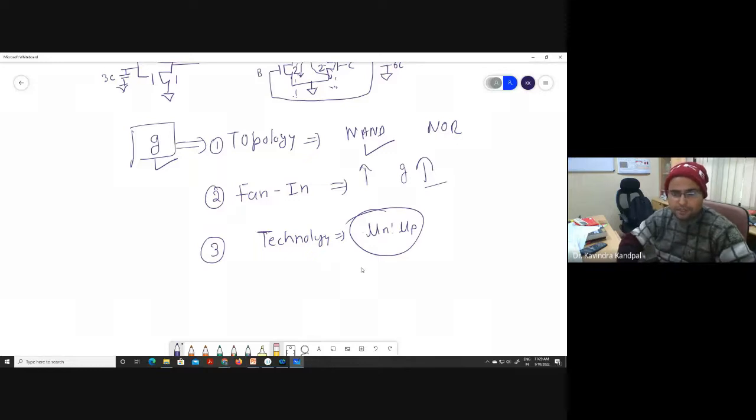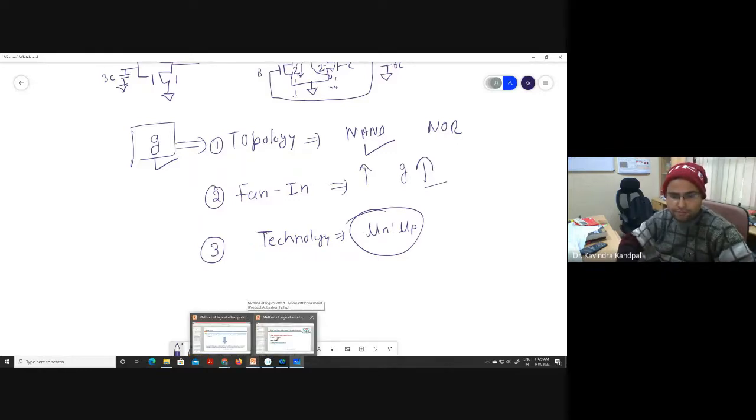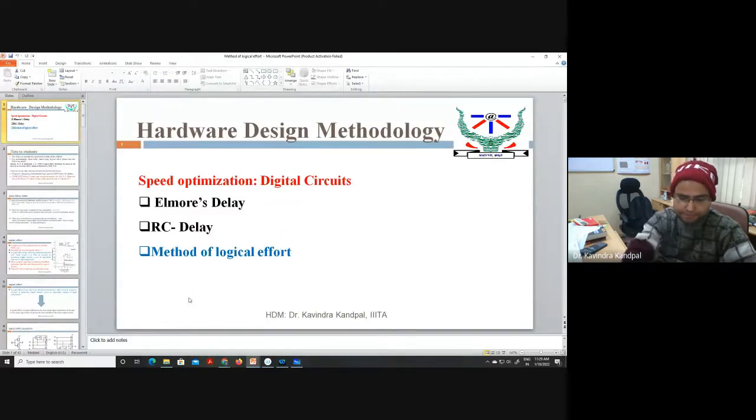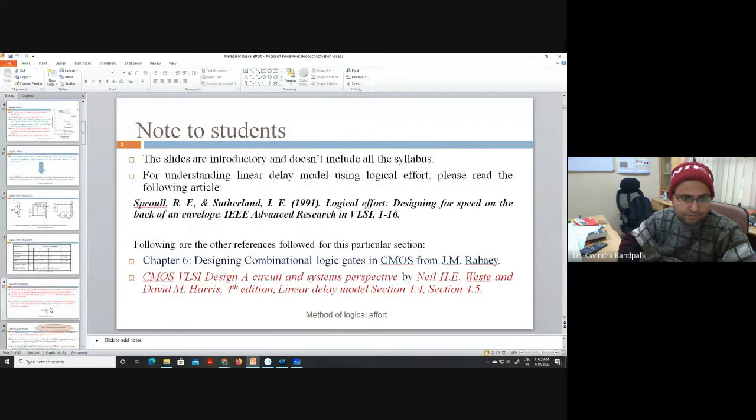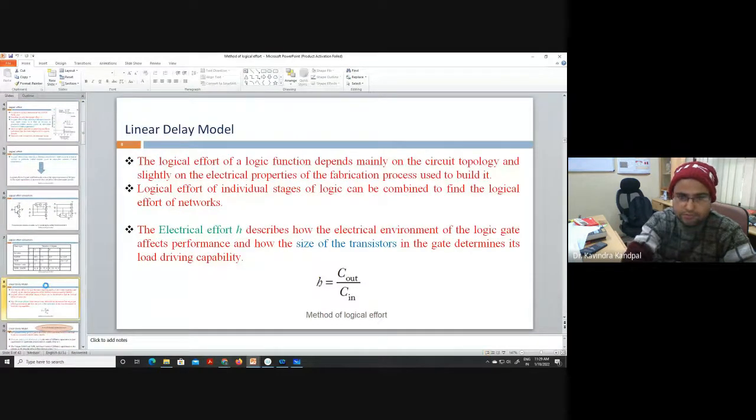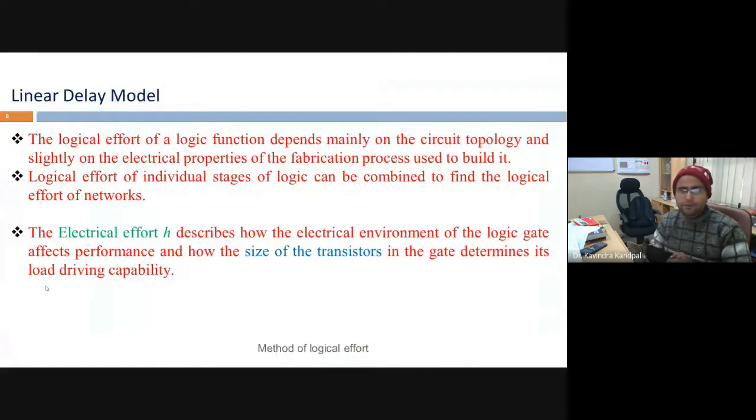So let me start with the electrical effort today. First, you can read the things again. The logical effort of the logic function mainly depends upon the circuit topology, whether you are implementing it with NOR or NAND. It also depends upon the fan-in and slightly on the electrical property of the fabrication process used to build it.